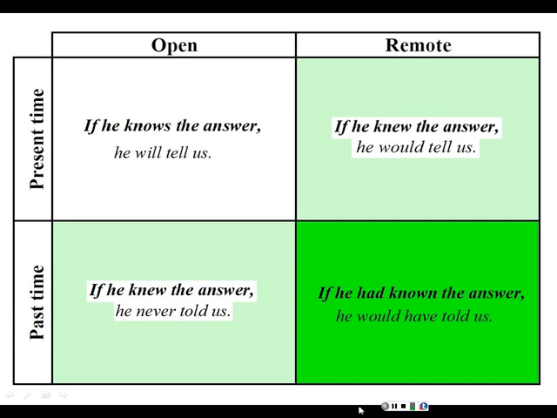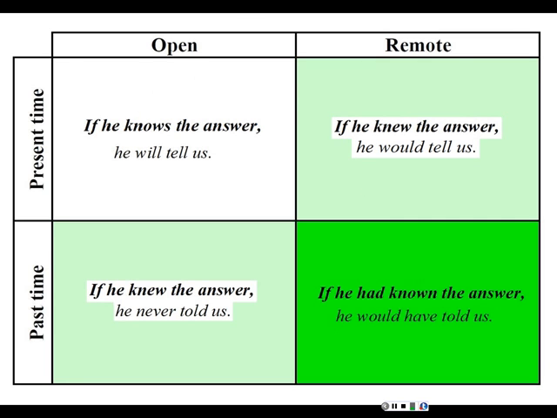So we have here a 2x2 diagram, and the columns here I represent as open conditionals and remote conditionals. Open conditionals are things where the if clause might be true and might not be.